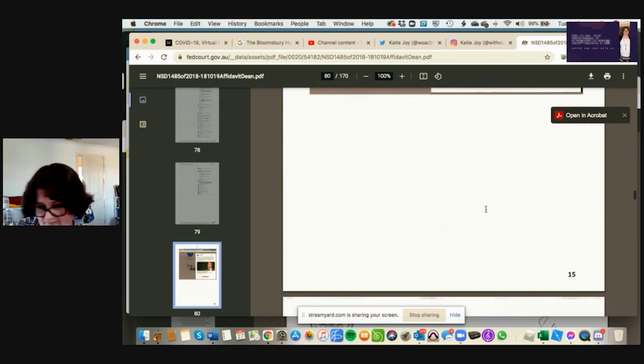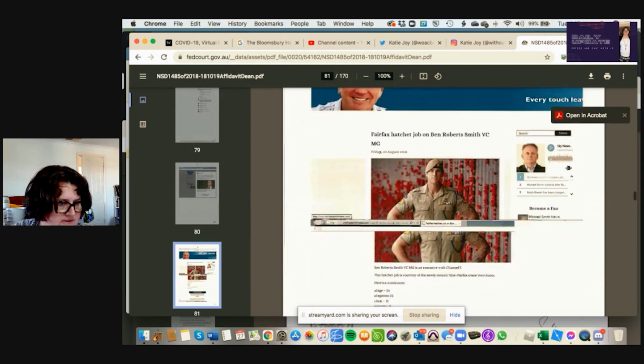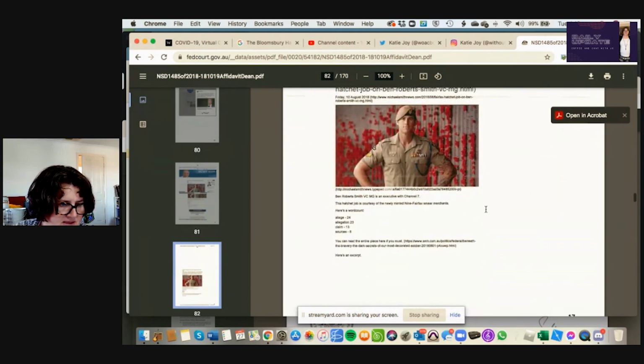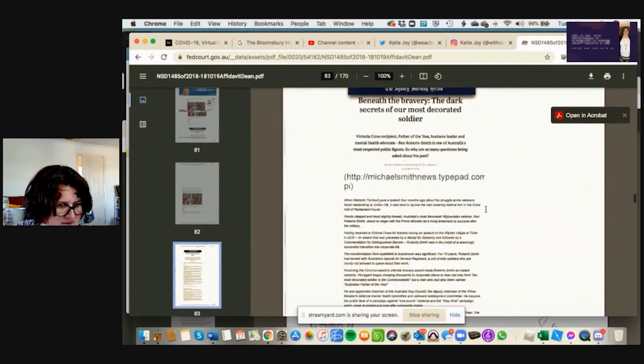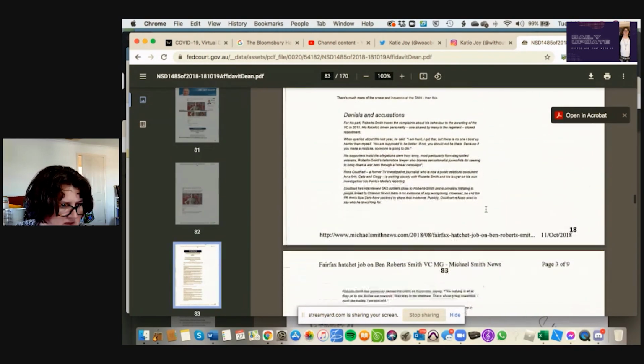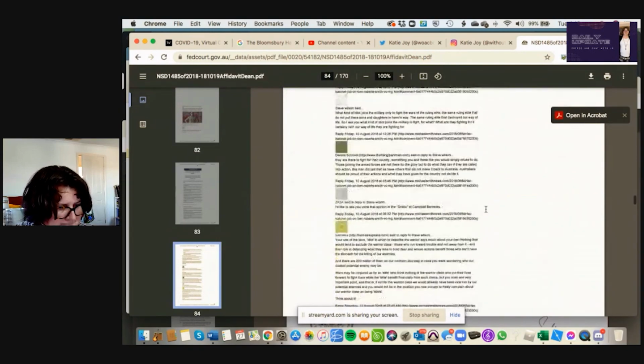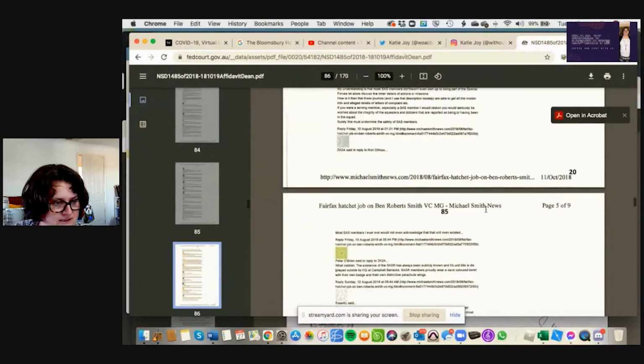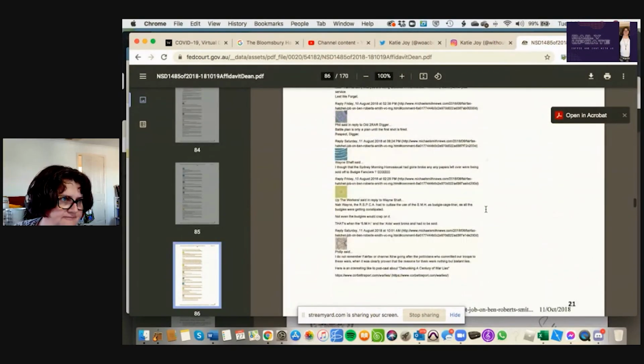And there was a small group. There was an investigation going on with the Australian SAS forces in Afghanistan. I don't know whether it's finished or whether it's still going on.